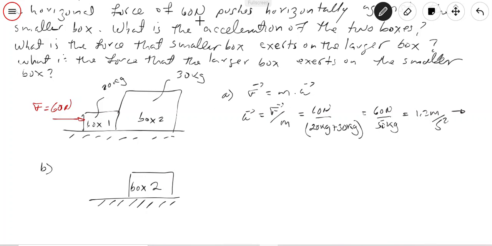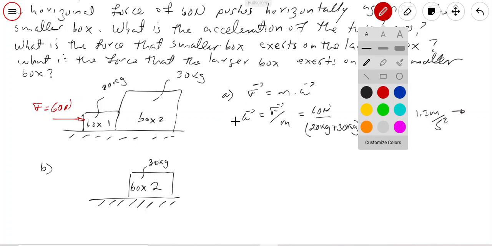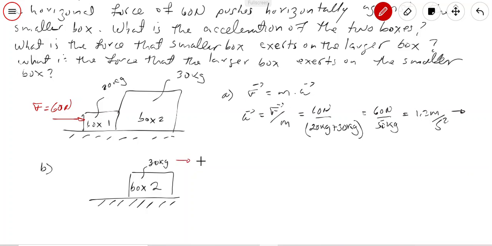We know that the mass of this box is equal to 30 kilograms. And from the first part of the problem that we already solved, we know that the acceleration of this box is to the right, and the acceleration has a magnitude of 1.2 meters per second square.